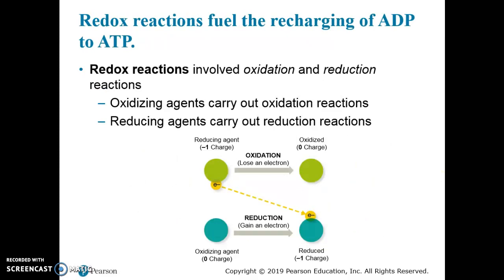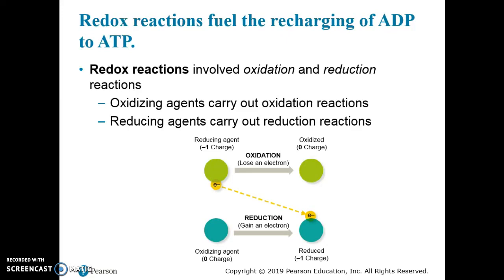All right, redox reactions. You may have seen a little bit of redox reactions in the chemistry module at the beginning of the semester, but redox reactions are a combination of oxidation and reduction reactions. They're called redox reactions because they typically occur together. Oxidizing agents carry out oxidation reactions.